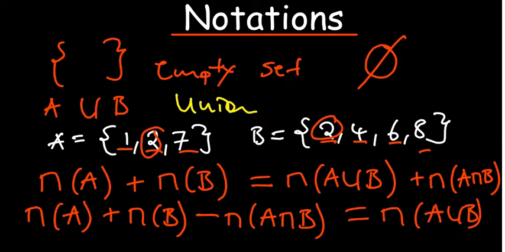If you look at this case, how many elements are in A? We have 3. How many elements are in B? We have 4. How many are common elements? 1. In the union, we had how many elements? We had 1, 2, 3, 4, 5, 6. 3 plus 4 is 7 minus 1, 6. So that's where it comes from, that basic idea.